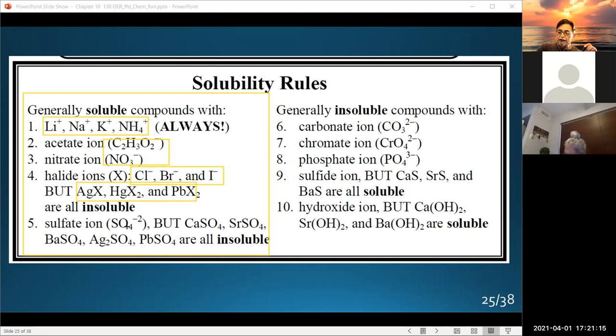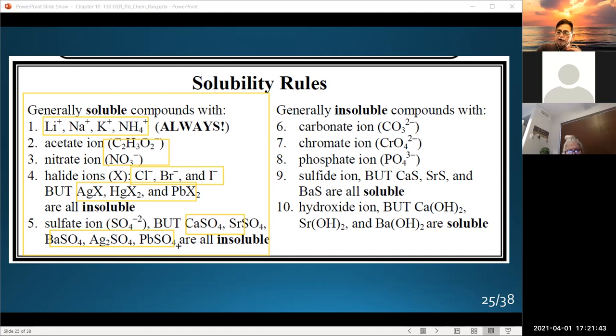The sulfate ion, the SO4 with a -2, is normally 100% soluble with everything except if it's bonded to calcium, strontium, barium, silver, or lead. Those five sulfate compounds are insoluble. Otherwise, all the other thousands of sulfate compounds are soluble, okay?